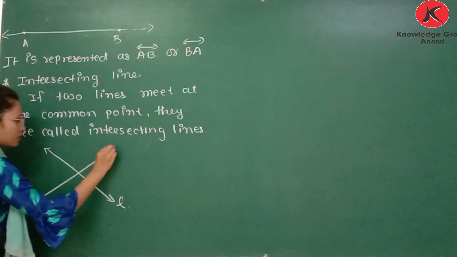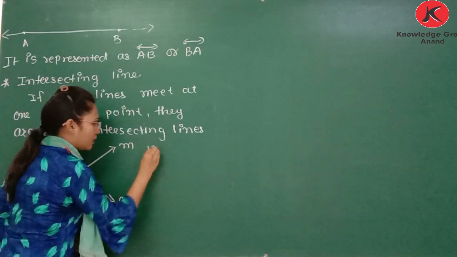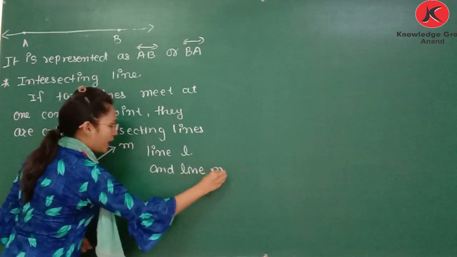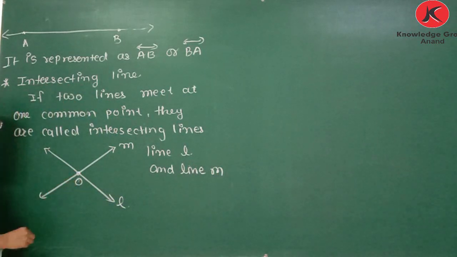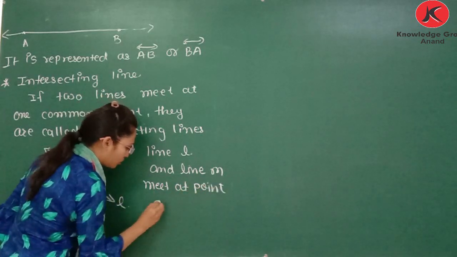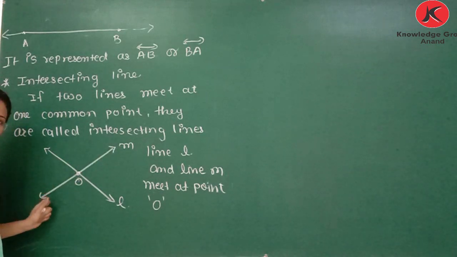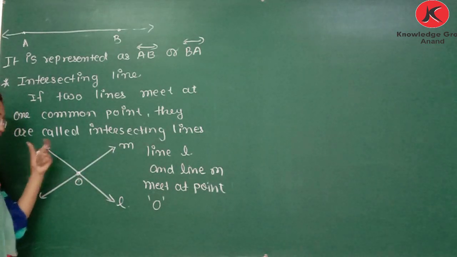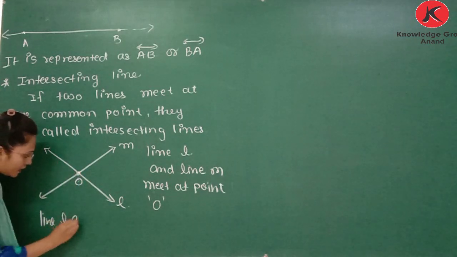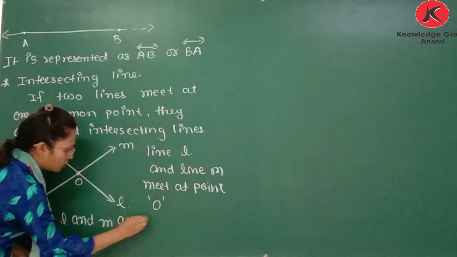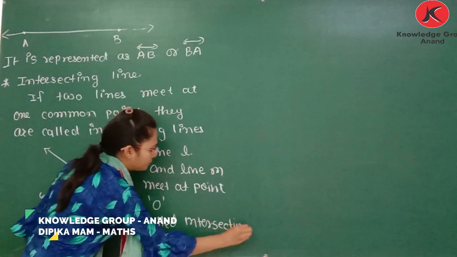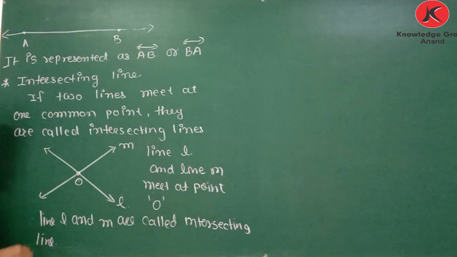and this line M, this is line L and line M. They meet at one point O. So point O is on line M and point O is on line L. So these lines L and M are called intersecting lines.